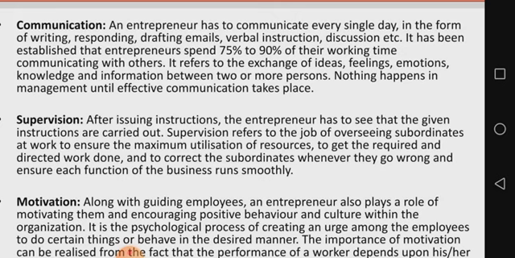So I already told you that once you have given a task to them, the task needs to be supervised. Now it depends on your business expansion.